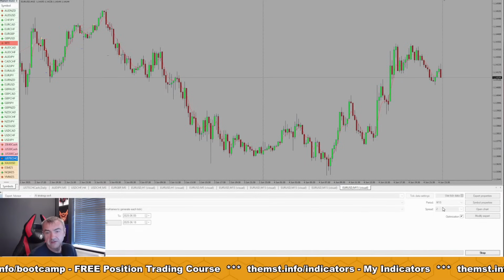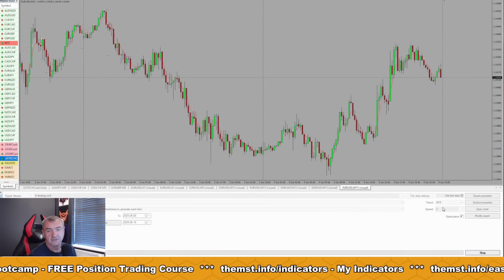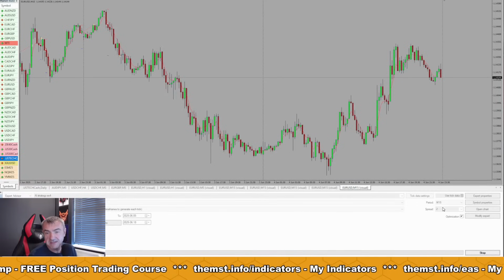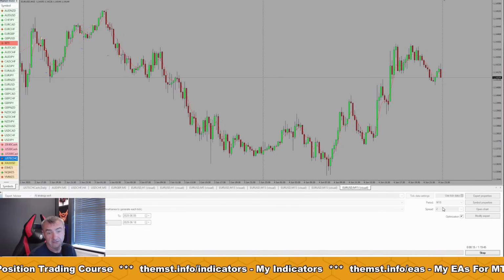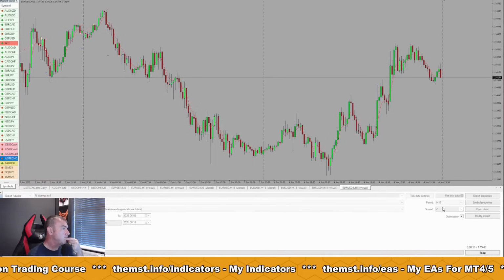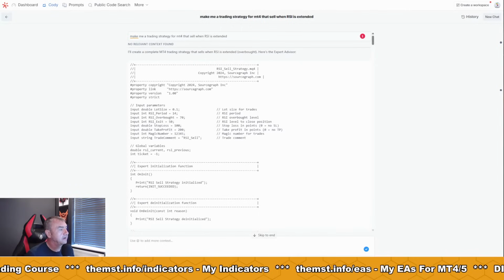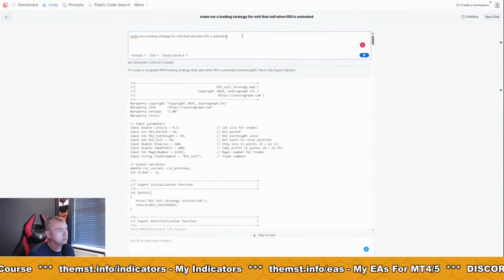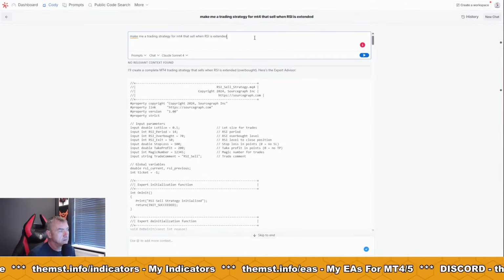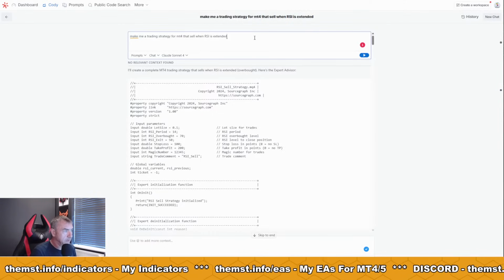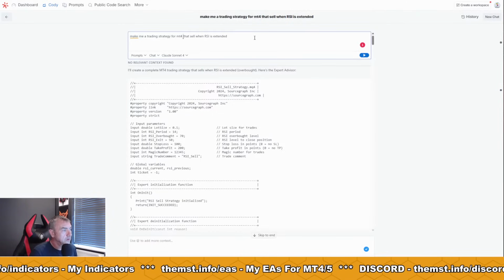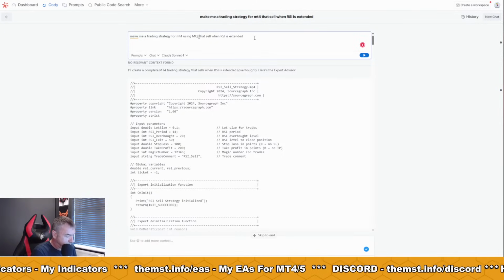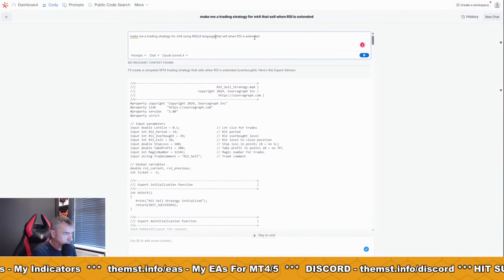I noticed ChatGPT, I can't even say it. ChatGPT consistently makes mistakes when working with MT4 and MT5, often confusing the two. Yes. So if you want to be super specific when you're talking to it, say make me an EA for MT4 using MQL4 language.